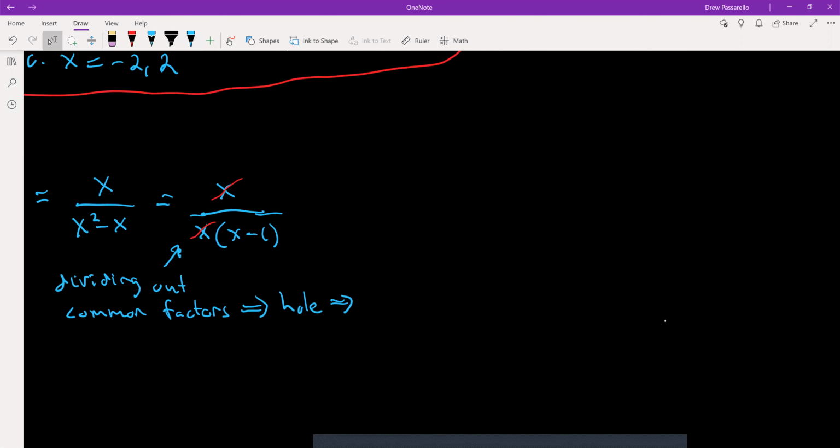It's simply x equals 0, since the factor is just x. That's a hole in the graph.